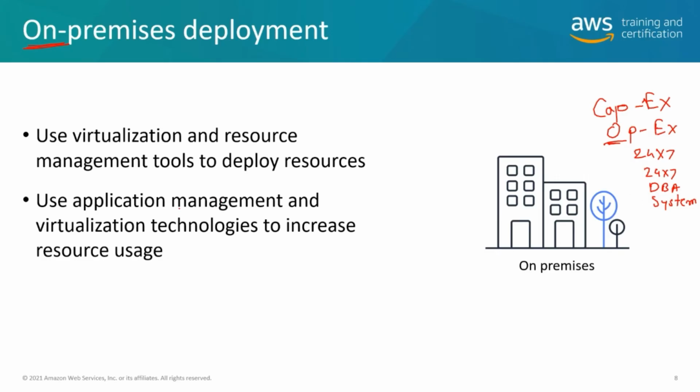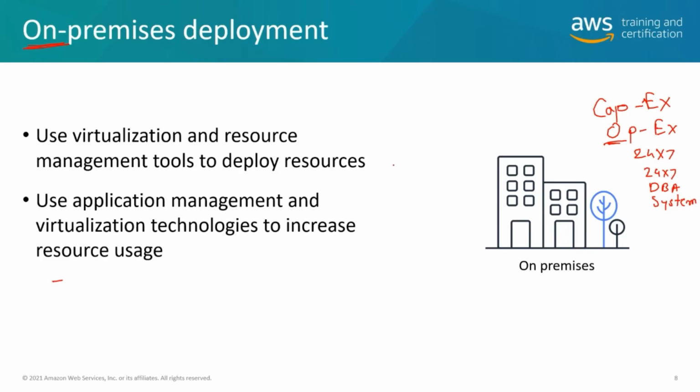So use application management and virtualization technologies to increase your resource usage. Here in the on-premises, I have the on-premises server that I purchased. Whatever hardware capability is in that server should be utilized up to 100%.